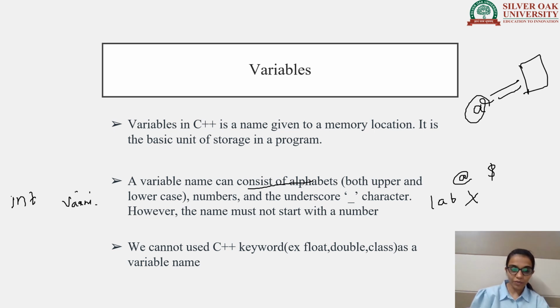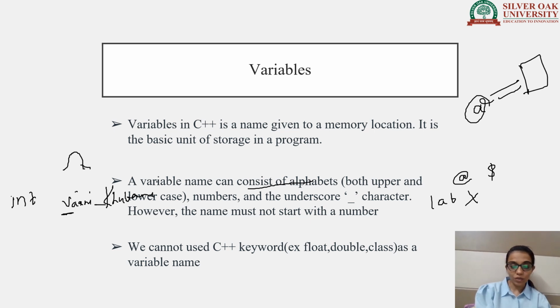So V should be capital, then underscore, then K should be capital. Vani, Kubani, with V small and K capital. That is camel casing, like a camel hump. So Vani underscore Kubani. That is the basic fundamental of declaring any variable. Again, we should not use the C++ keywords as our variable name.